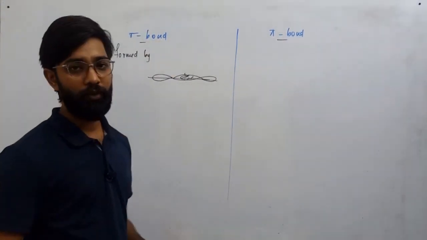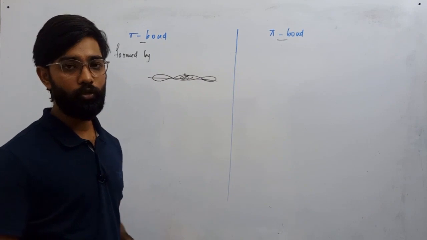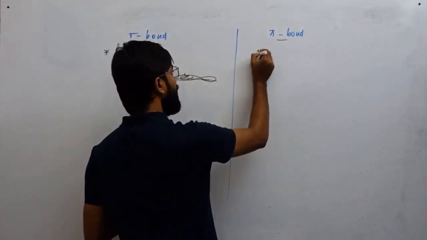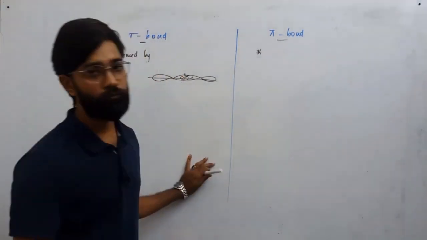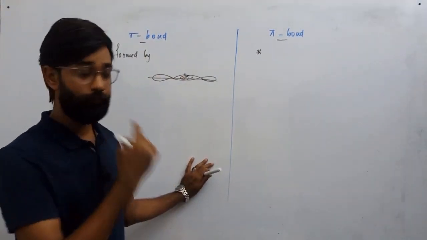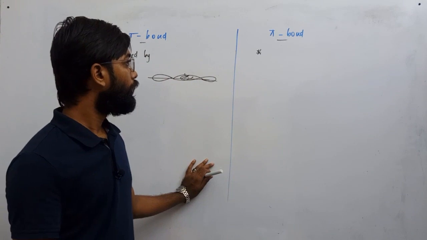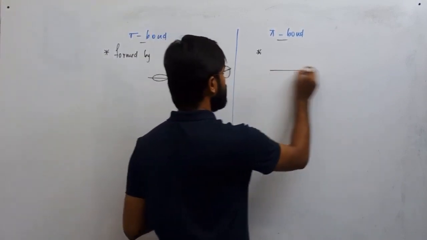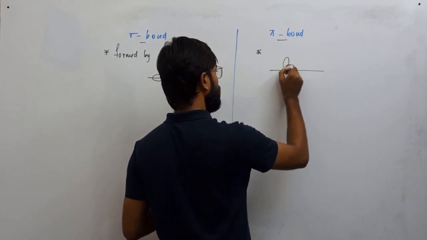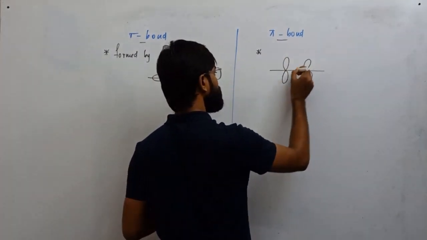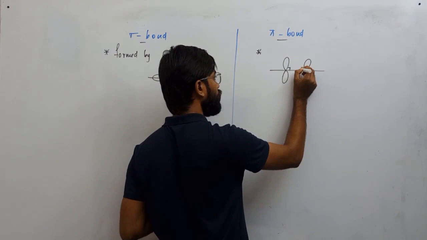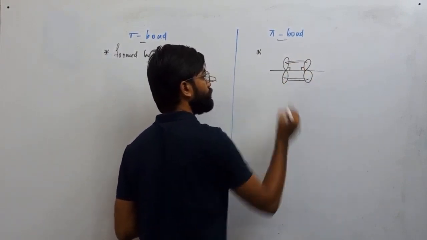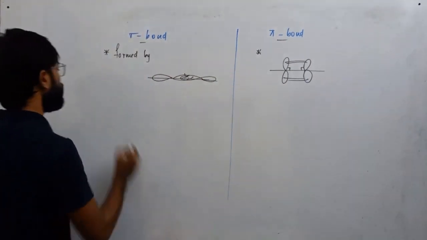So this overlapping is axial overlapping. Here, this is a lateral overlapping, which is perpendicular to the internuclear axis. In lateral overlapping, the specialty is that the orbitals are perpendicular to the internuclear axis and they get overlapped.